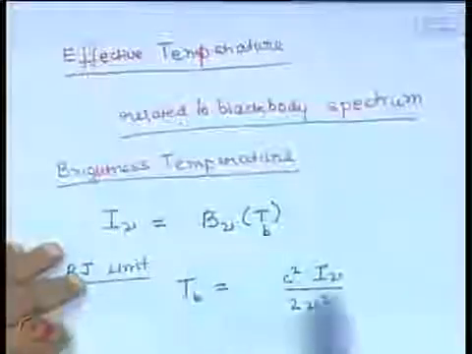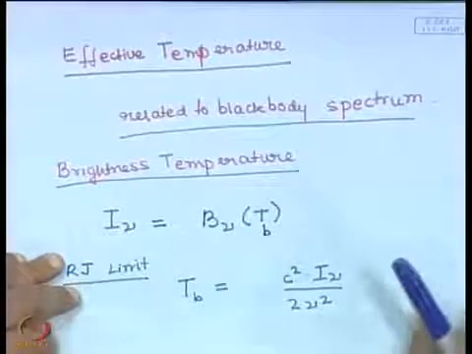This quantity is easier to interpret. It is a measure of the brightness of the radiation. It is called the brightness temperature, and the relation is extremely simple in the Rayleigh-Jeans limit. Otherwise, you have to put in the Planck formula and determine this. And it often gives you a good idea of what is going on in radio astronomy, where this is extensively used.